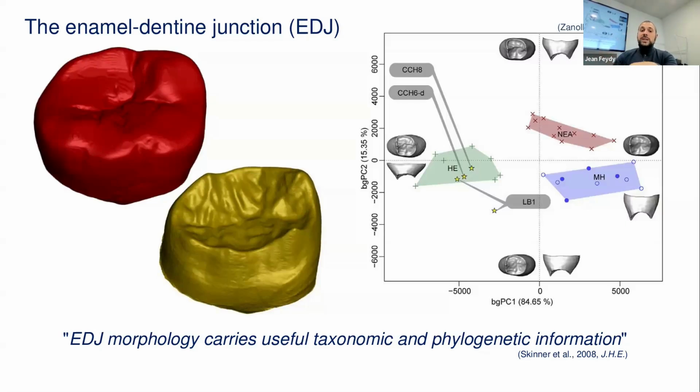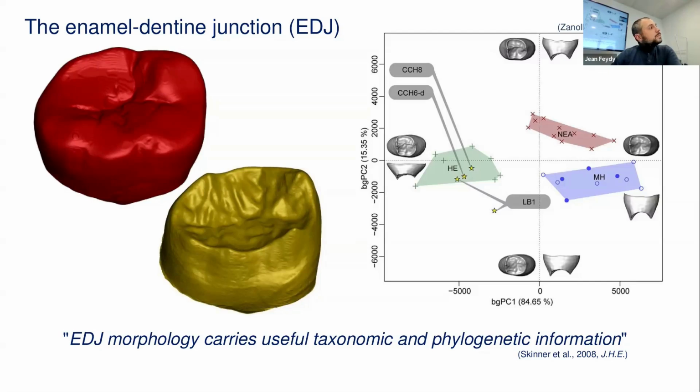But what is interesting is that the ADJ, this part, is actually very conservative and is not changing very quickly in evolution. What changes is the external part, meaning the enamel thickness is changing very quickly. But below, it remains quite stable. And within a species, it takes a long time. When a species evolves into another species, you can see changes at this level, but if within a species there are some variations, it remains quite stable.